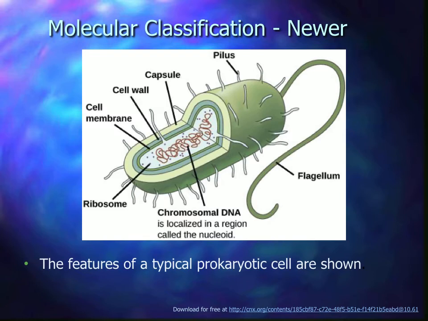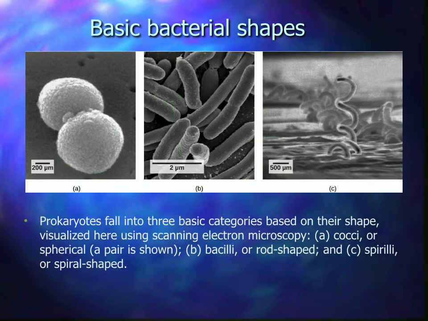They differ a little bit in the types of ribosomes they have. They differ in the molecules of the cell membrane: one has ester linkages and one has ether linkages. So there are some chemical differences, but generally the cells look pretty similar, and you can't tell by looking at them.